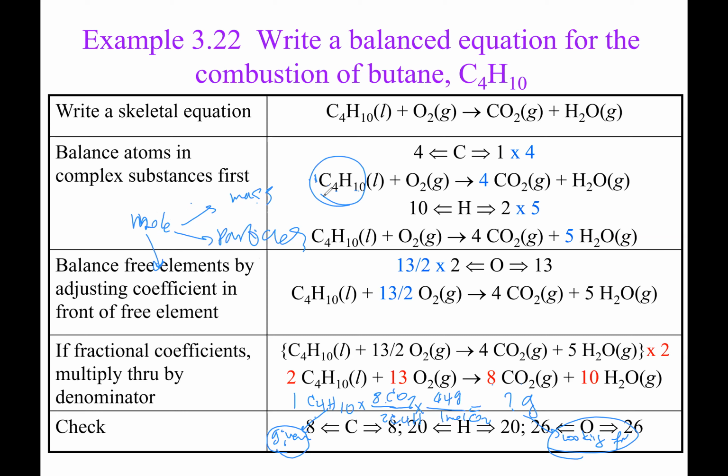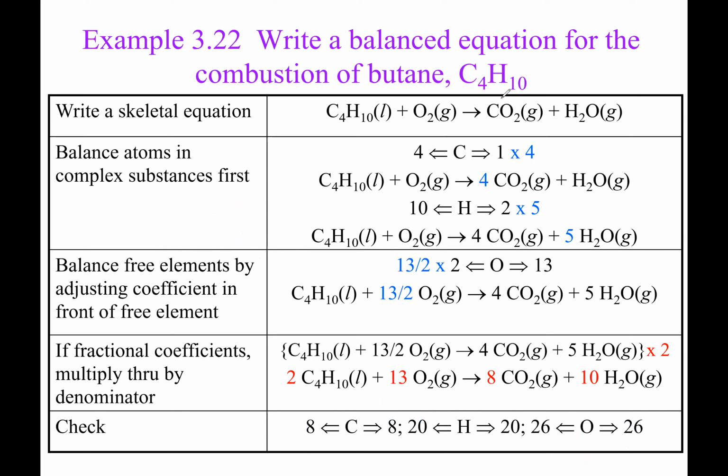There was another point for this slide: if you end up with a fraction after you balance your equation, you count the number of carbons and hydrogens. You have 4 carbons, so it should be 4 CO2 on the product side. You have 10 hydrogens, so you should have 5 H2O on the product side. When you count the number of oxygens, it comes out to 5 plus 8, that's 13.